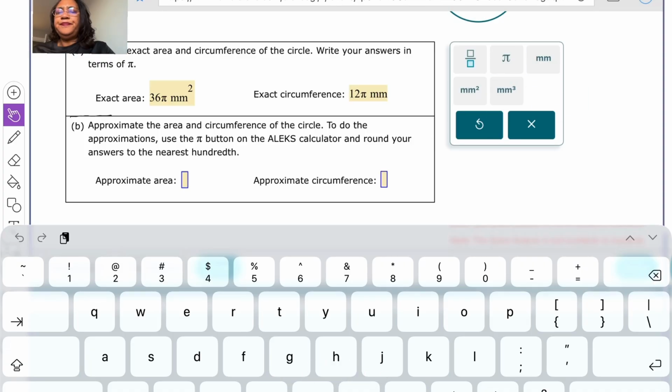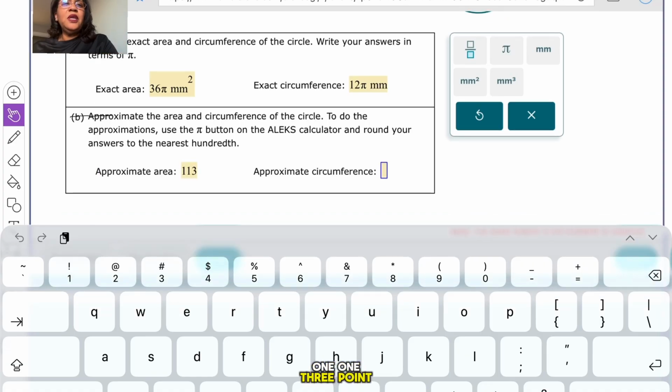So 36 pi, and that's the same thing as before. So it's 113.10 millimeters squared, right?